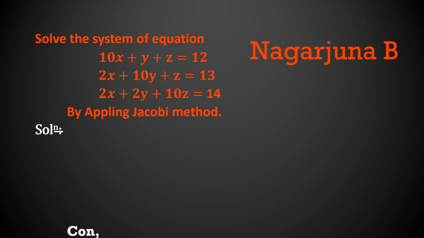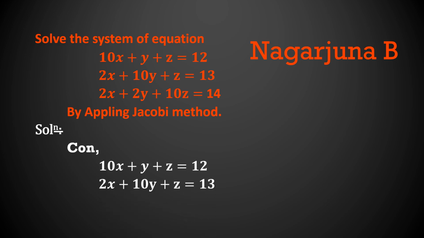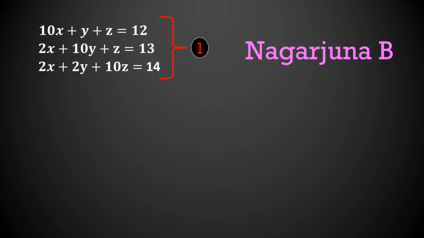Solution. Consider 10x plus y plus z is equal to 12, 2x plus 10y plus z is equal to 13, 2x plus 2y plus 10z is equal to 14, and call this system of equations 1. The system of equations 1 can be rewritten as follows. Consider the first equation, 10x plus y plus z is equal to 12.